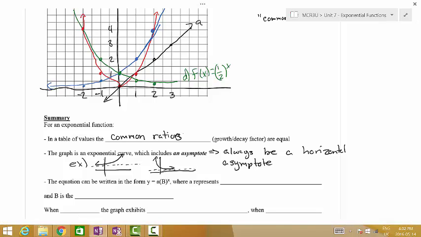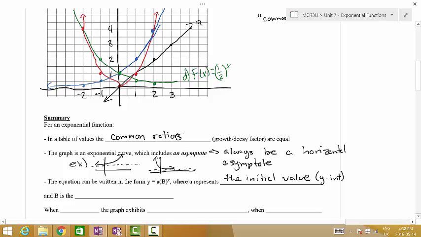The equation for these can be written in the form y equals a times b to the power of x, where a represents the initial value, or the y-intercept, and b is whatever that common ratio is, that is going to be your base, which we call the base.